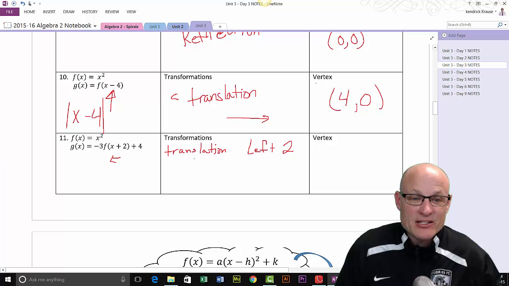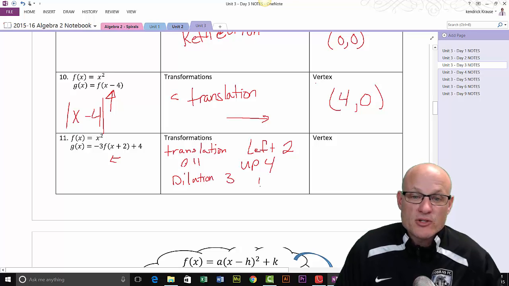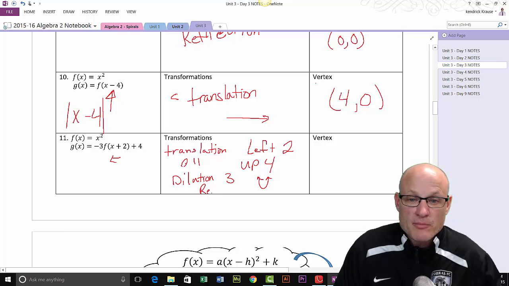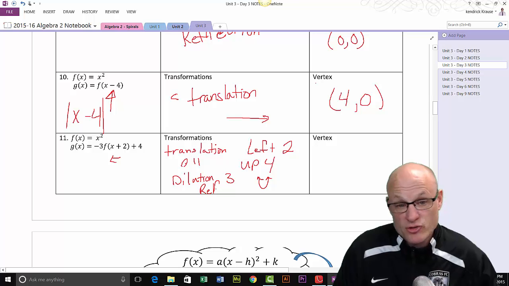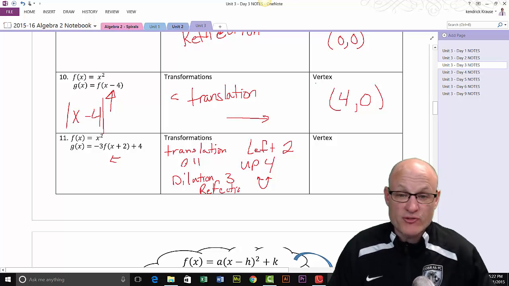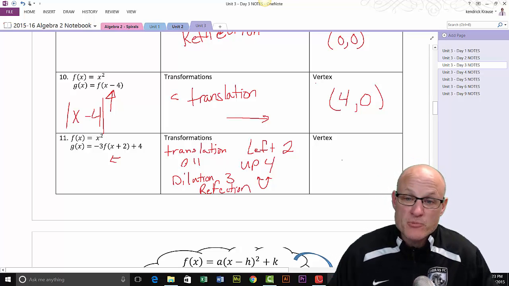It is a dilation of 3, which means it's going to be much steeper. And we also have a reflection. So in this case, the vertex is going to be -2, +4. I'm not going to change that. That's just going to be the vertex. It's just going to start there and come down.